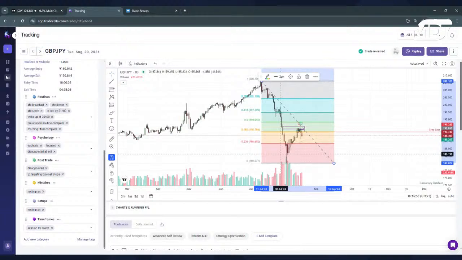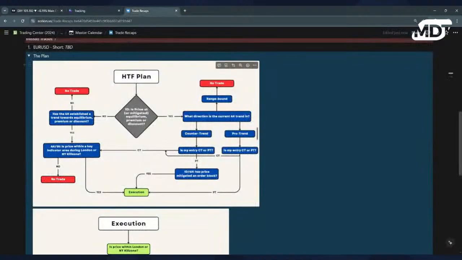If we are at least trending towards premium, it means that price is respecting the fact that it's discounted, and we are trading higher because we want to buy in discount and sell in premium. And so I have appetite for long setups in a discounted area heading towards premium. Hence, I don't take a trade if we aren't heading towards or have established a trend towards that.